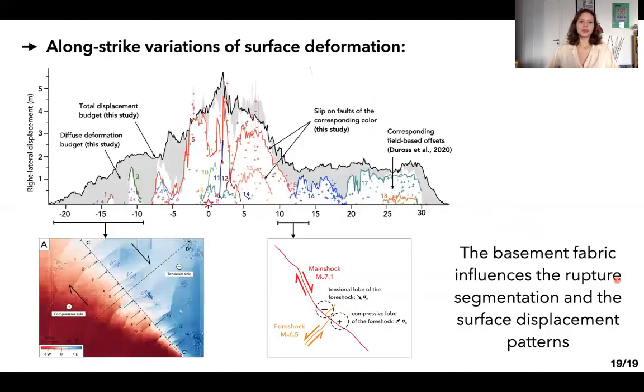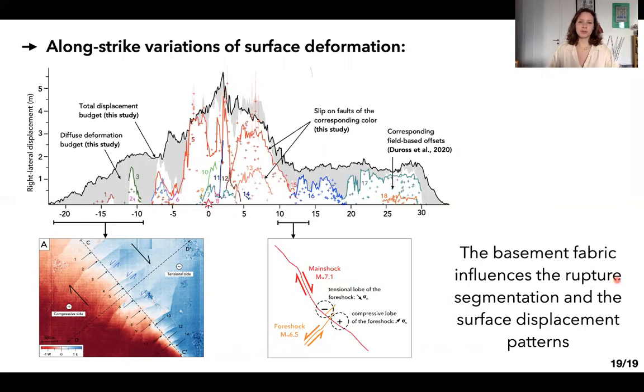So now I will conclude this presentation by saying that using high resolution optical image correlation methods, we could measure with great detail the along-strike variations of the surface deformation, both of fault slip and of diffuse deformation. And from this, we could infer that the rupture is segmented in three different parts with different amounts of fault slip and diffuse deformation.